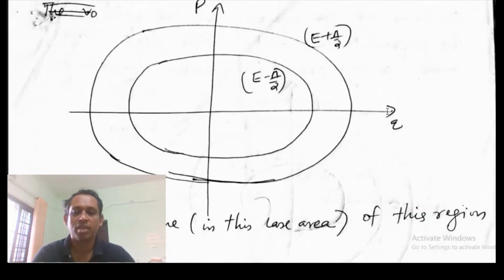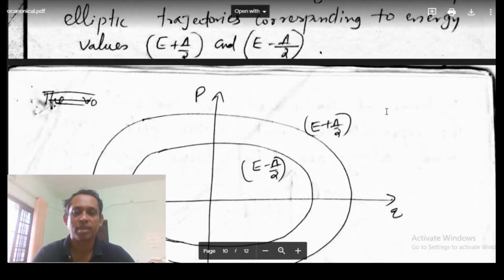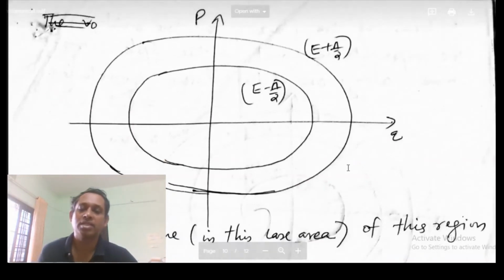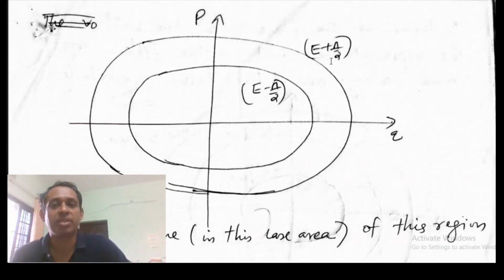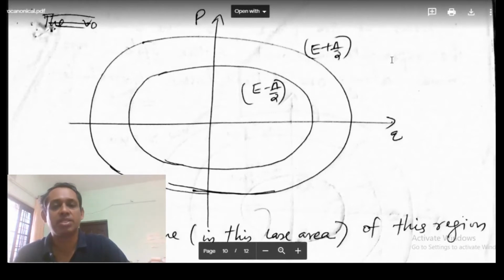So this is the microcanonical ensemble that we are considering, with the energy range E minus delta by 2 to E plus delta by 2.